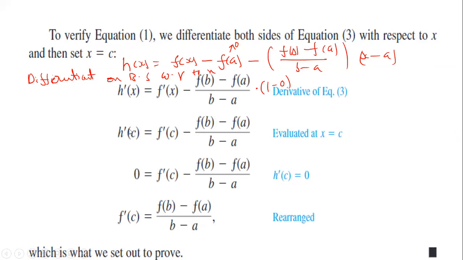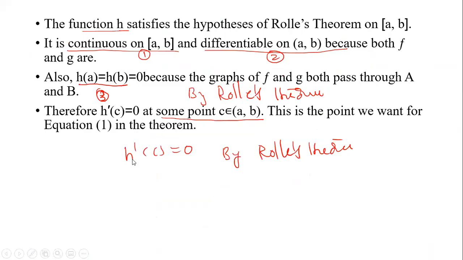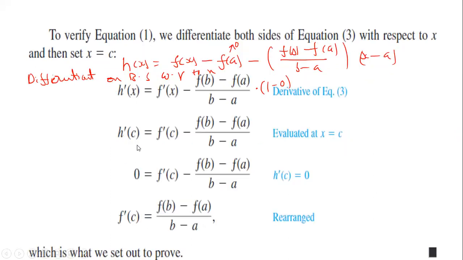But according to Rolle's theorem, which I already told you in the previous slide, h dash of c equals 0. Therefore, f dash of c minus (f of b minus f of a) by (b minus a) equals 0. Because h dash of c equals 0, the minus value comes to this side and becomes positive.